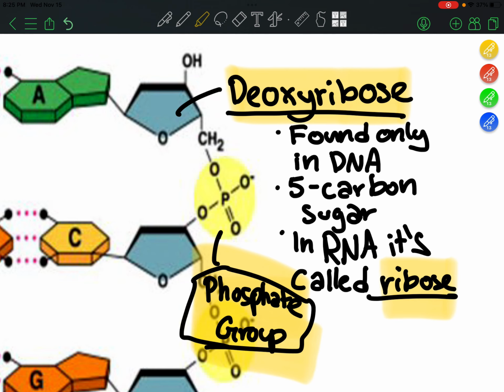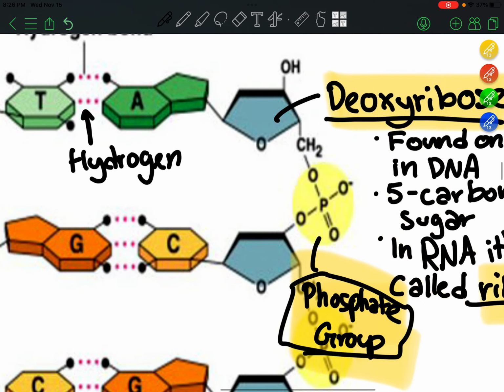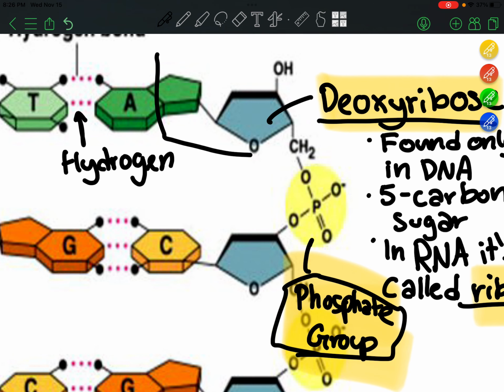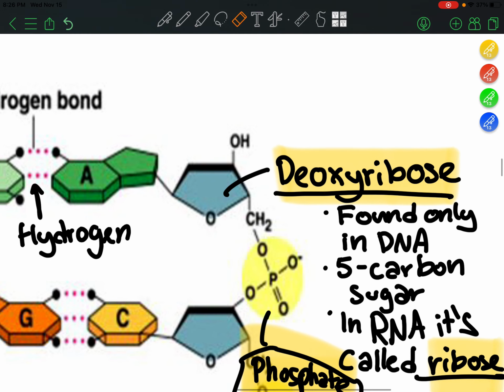Now we're going to get into the important part. But before we do, I want you to understand the type of bonds found in DNA, because this is also going to be on the test. The bonds found in this purple section between the bases are hydrogen bonds. We'll get into more detail on why they're so important later. But the bonds found in this area, where the sugar, phosphate, and the nitrogenous bases are all connected, this lumpy shape, they're all connected by covalent bonds.